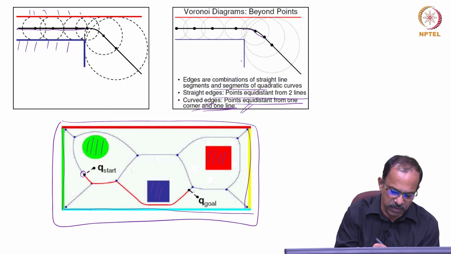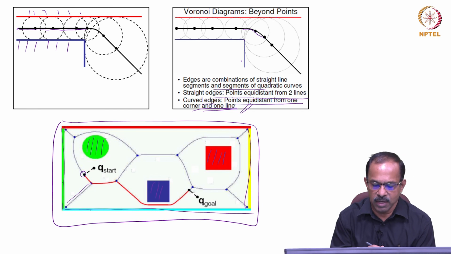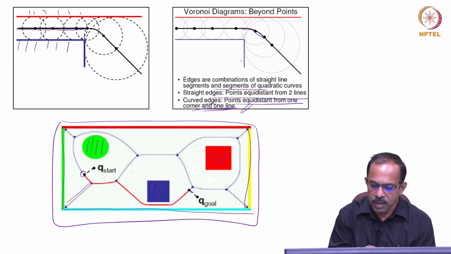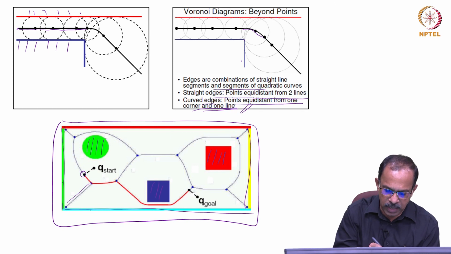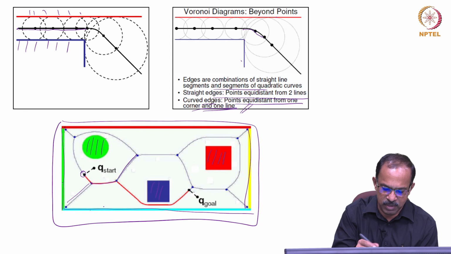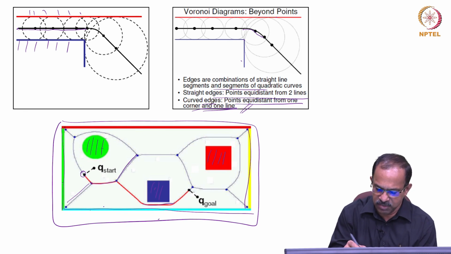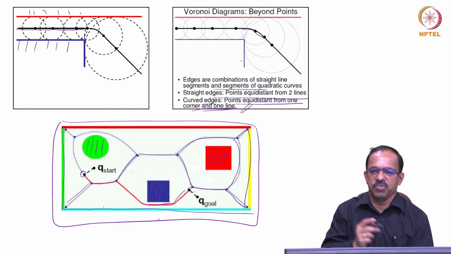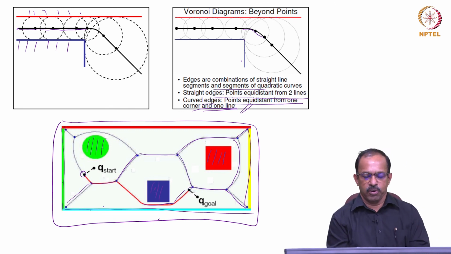Between these two you have a straight line, and between these three you will have a point, and between these two you will get this line, and then you have the line between these two, and this line between these two. So like this you will be trying to find a path which is equidistant from all the obstacles. That is basically the Voronoi diagram.